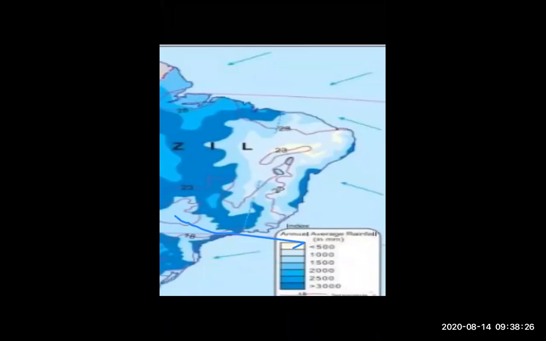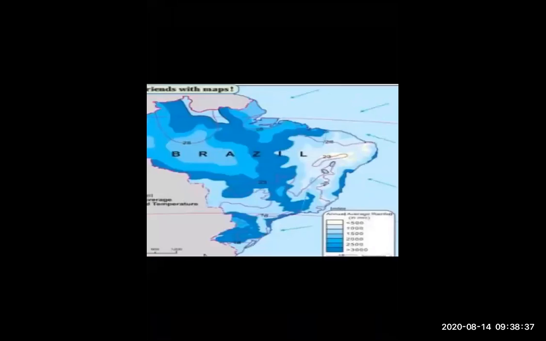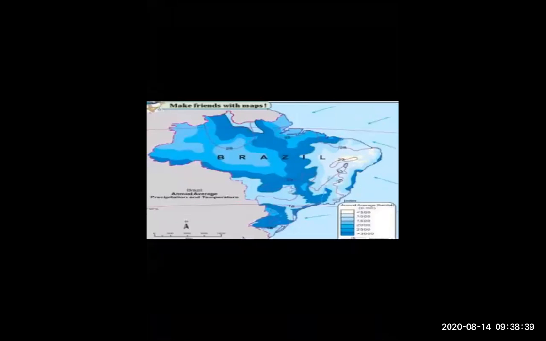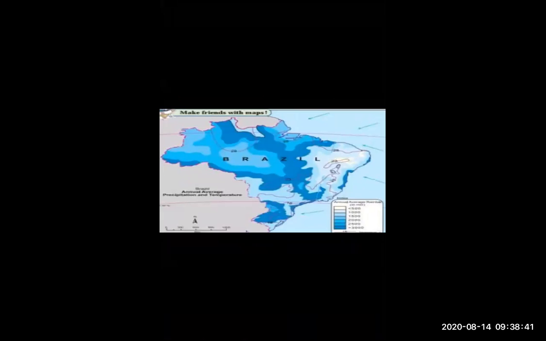Yes, it is in the Amazon basin. Look at this color. There is more than 3000 over there. So where it is more than 3000, it is here. It means it is the Amazon basin. Okay, students?